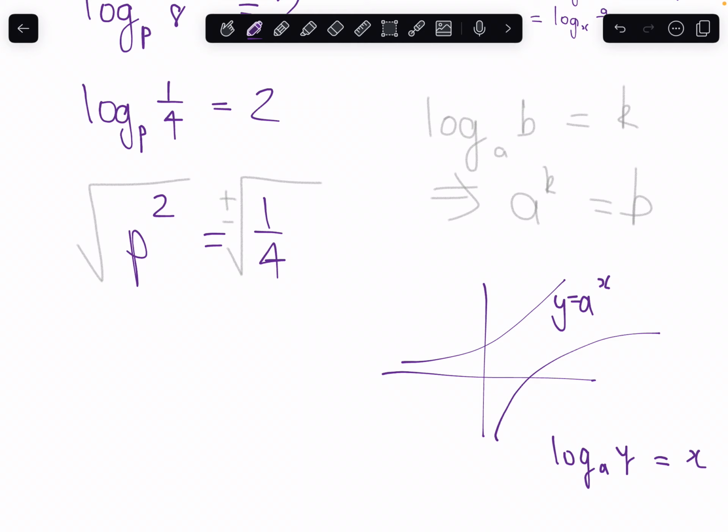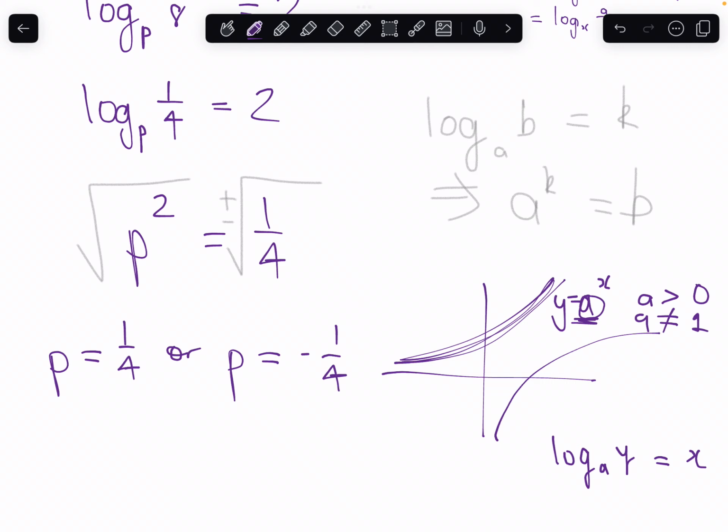But that has nothing to do with the base. Technically, the way we define our exponential function, we only look at a bigger than 0 and a not equal to 1. But that's not to say that the base can never be negative. The graph just wouldn't look this way. So I think both values of p, a quarter or negative a quarter, are valid. I don't know if there's a restriction there.